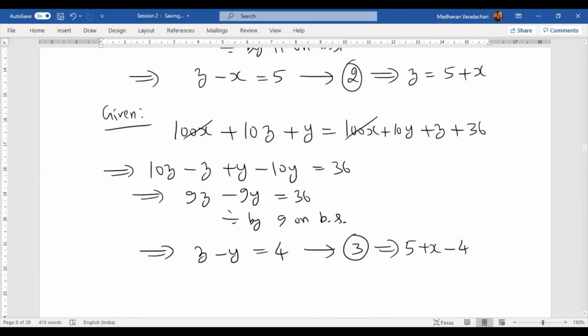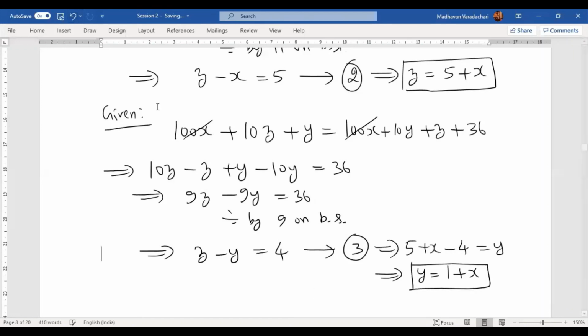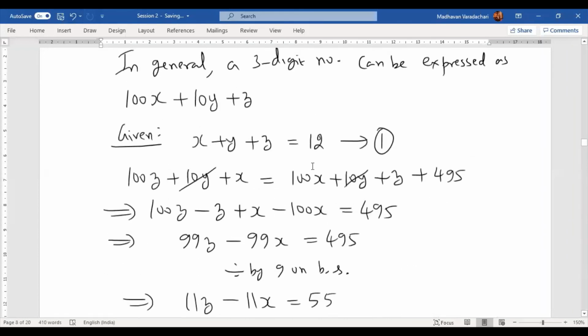Bring this negative y to the right side, it becomes positive y, which means y is 1 plus x, because 5 minus 4 is 1. Now you can substitute z as 5 plus x and y as 1 plus x in the first equation.